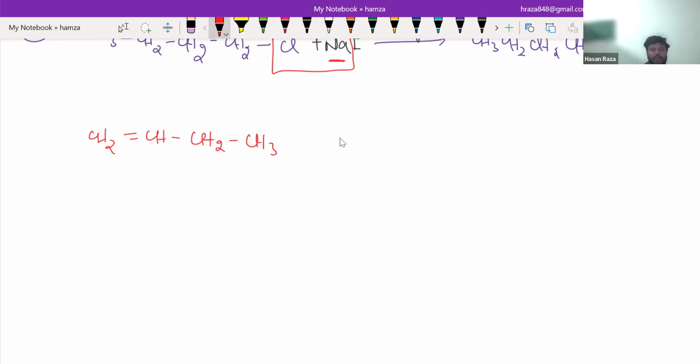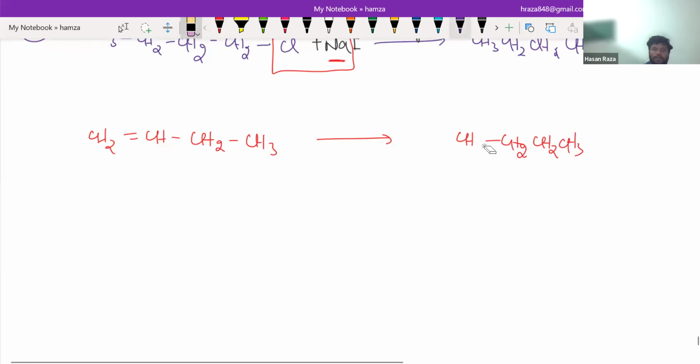This is but-1-ene, and we need to prepare 1-iodobutane, CH3 CH2 CH2 CH2 I. Just what you need to do: add HI. In absence of peroxide, that is Markovnikov.